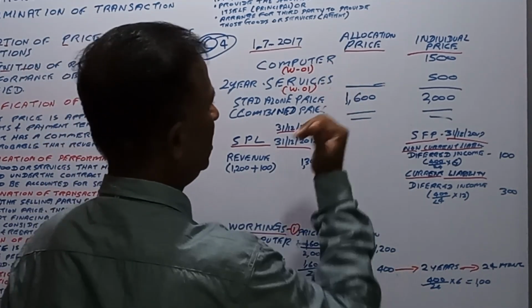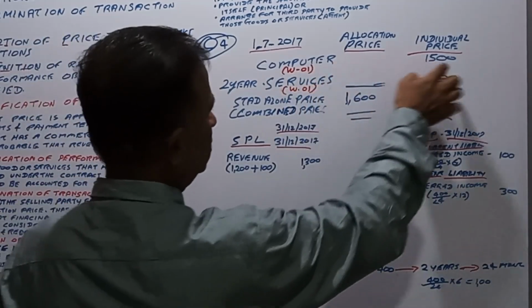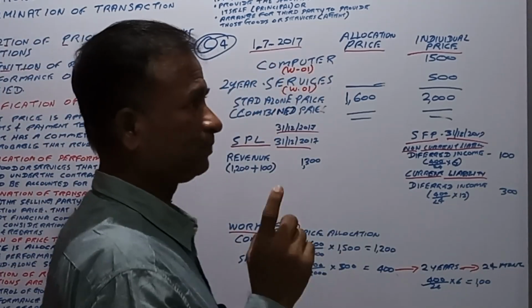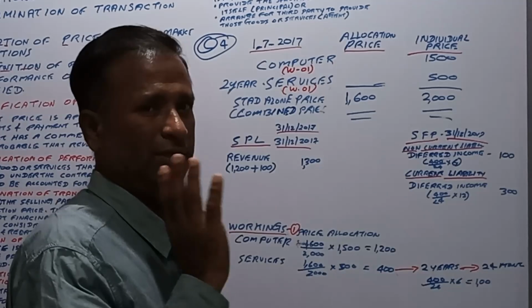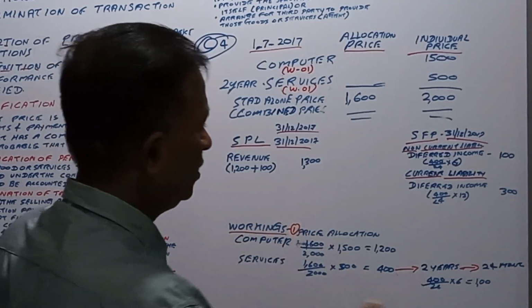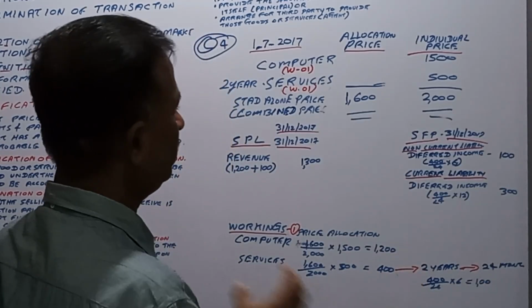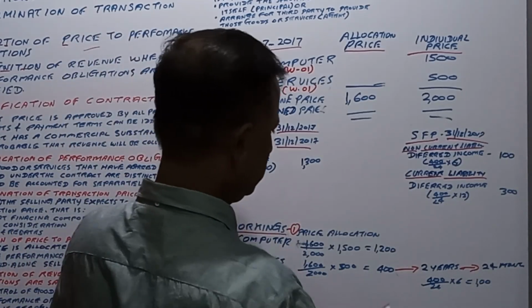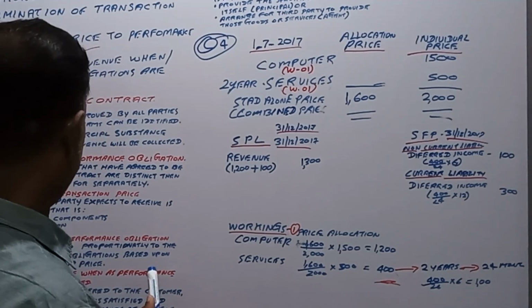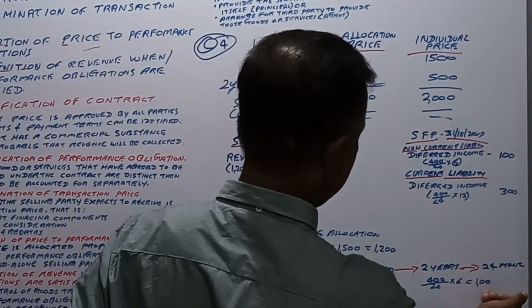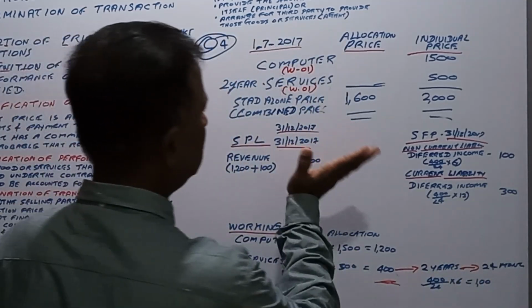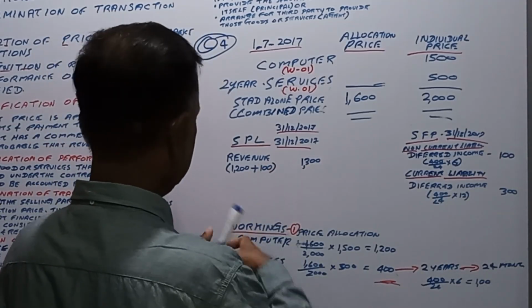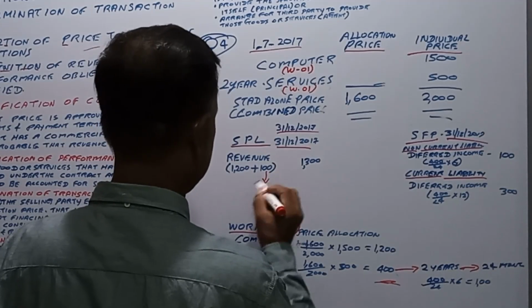The 400 is the payment for 2 years, so we have to spread it over the 2 years. This year's income is 100. How?